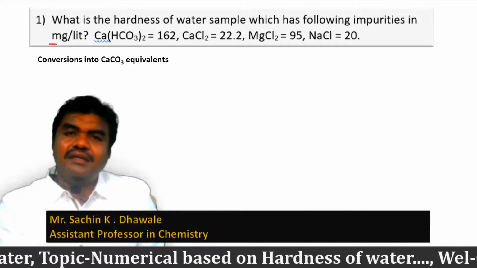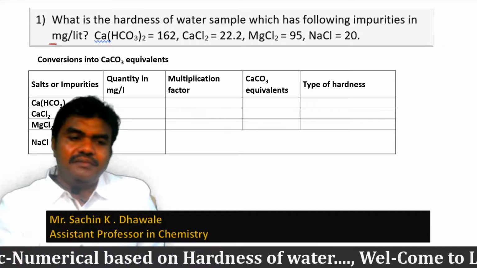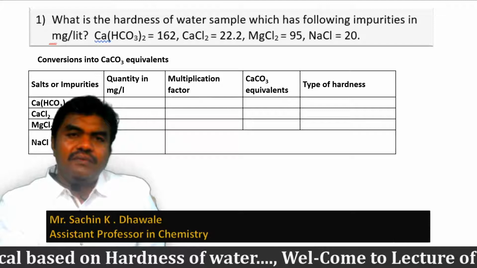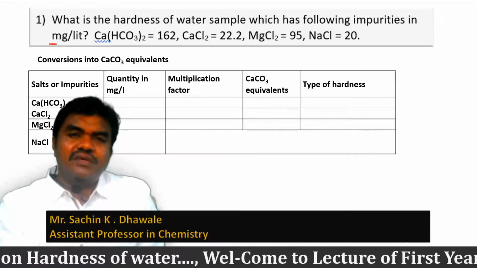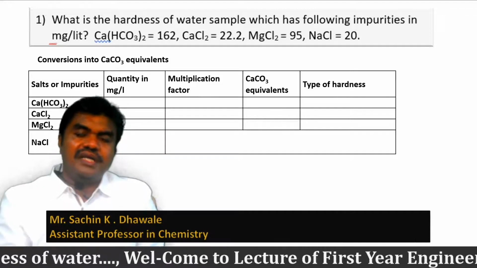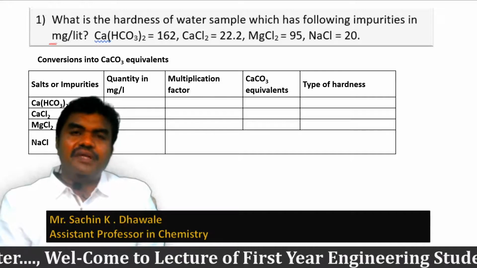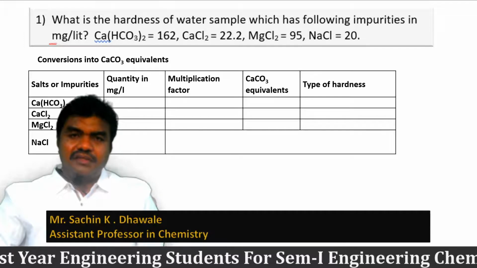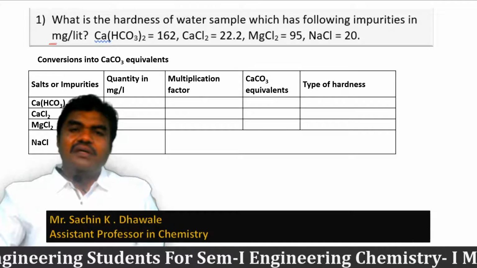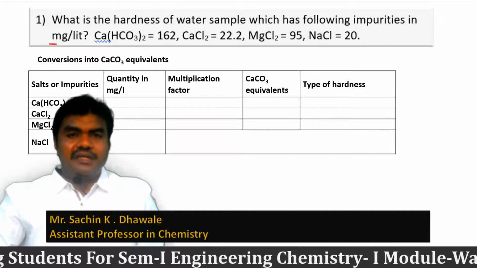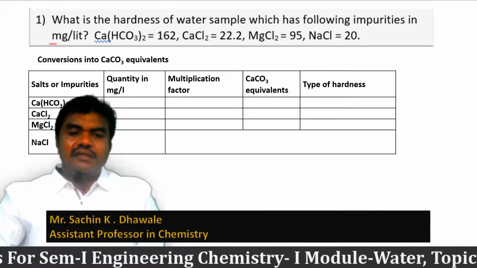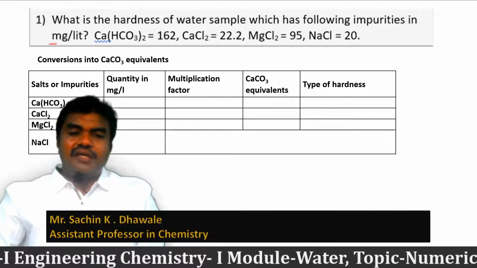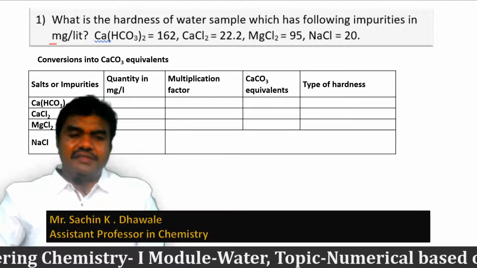And it has a conversion table which contains 5 columns. The first column, salts or impurities. Second, quantity, which is already given in the numerical. Then multiplication factor, whose value is taken from the multiplication table. Then calcium carbonate equivalent and types of hardness.